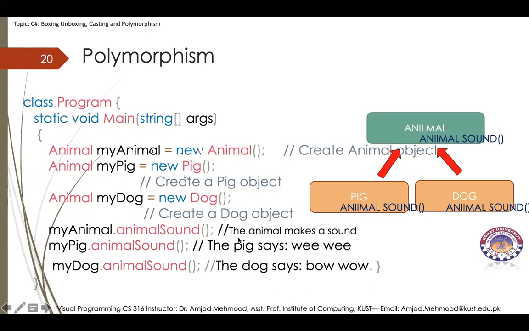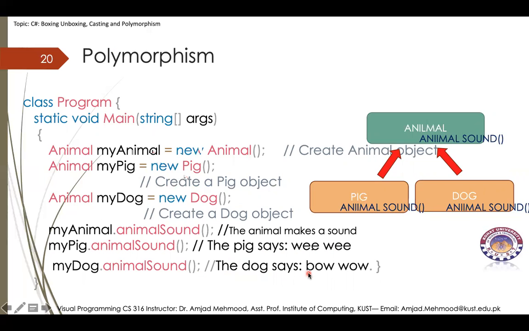Now you can see the reaction: when I write animal dot animal sound, the base class method will be called, and when I write the pig animal sound, the pig says we, so the child class method of the pig class will be called, and here the dog class will be called.